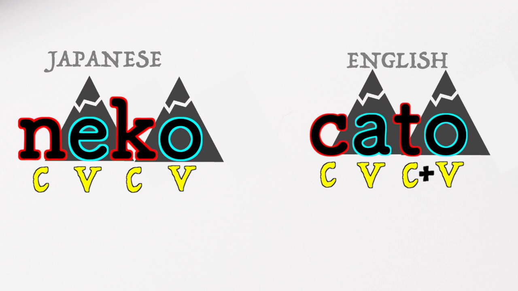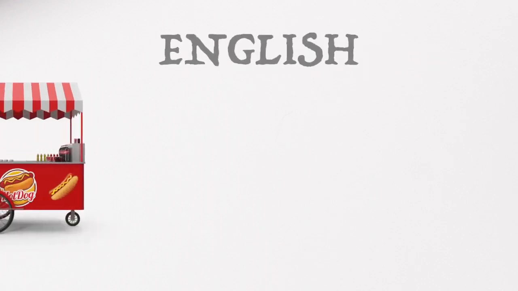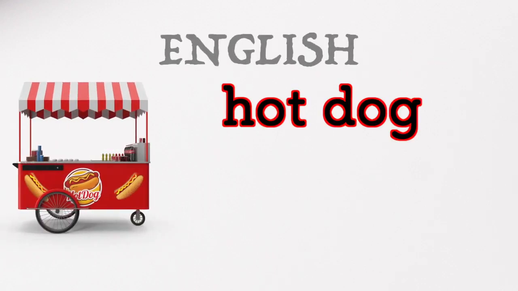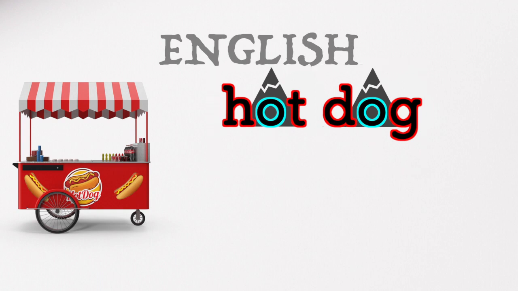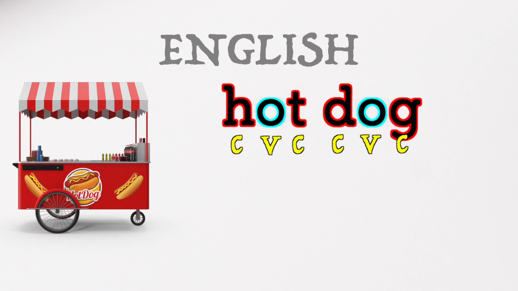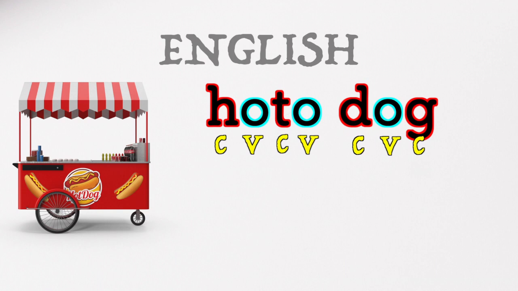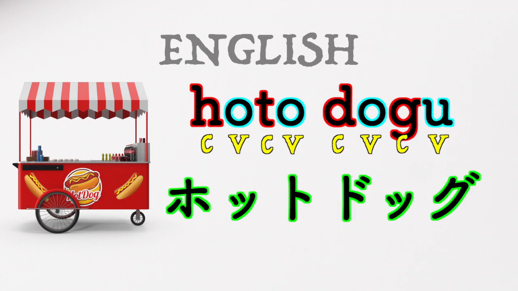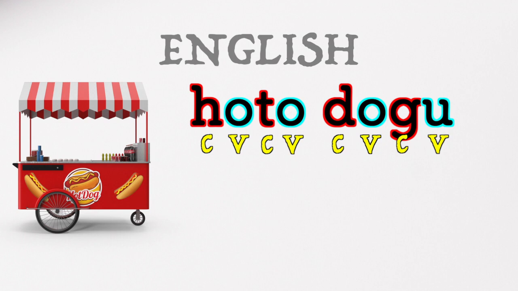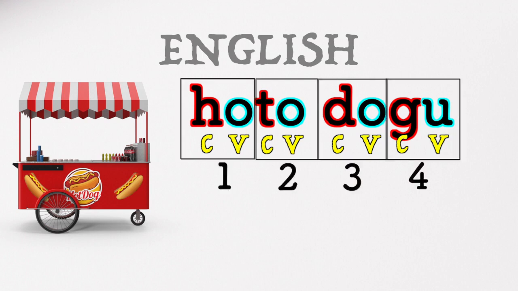Let's look at a few other words. In English, we have hot dog. This word has 2 syllables, 2 beats. But this CVCCVC pattern won't work in Japanese. To make it conform to Japanese, we need to add 2 vowels, one in the middle of the word and one at the end of the word, like this. ホットドッグ。 After doing this, the word now has 4 syllables.